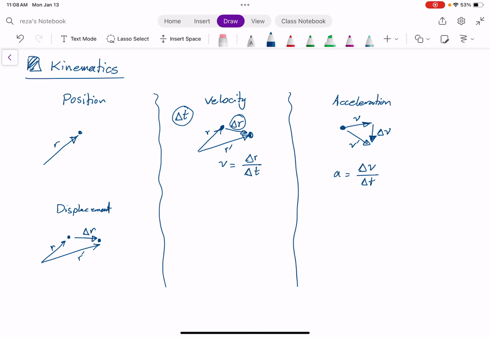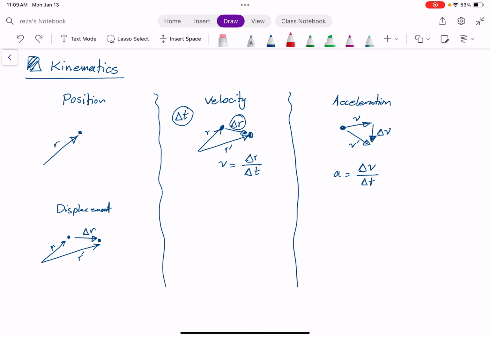So I have shown these concepts, position, velocity, and acceleration, in a peculiar form, always using these arrows. See, everything was an arrow.